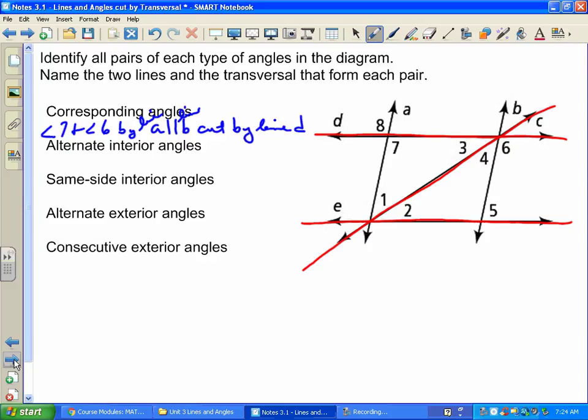If that's the case, then this angle here at 3 is between those two lines, and this angle at 2 is between those two lines, and that would make them alternate interior angles. So angle 2 and 3 by line D is parallel to line E and is cut by line C.